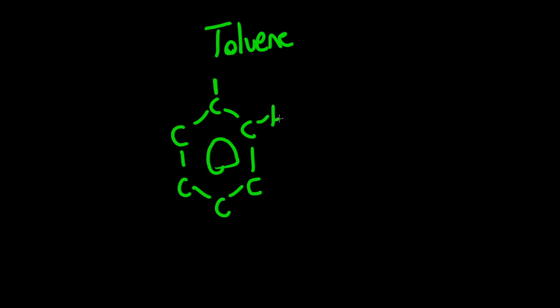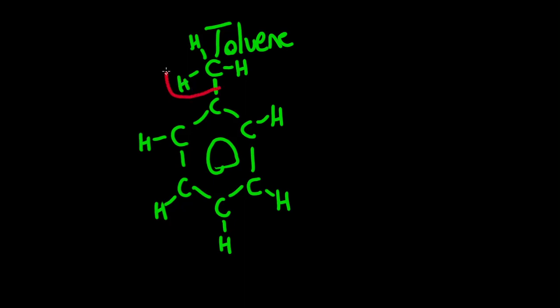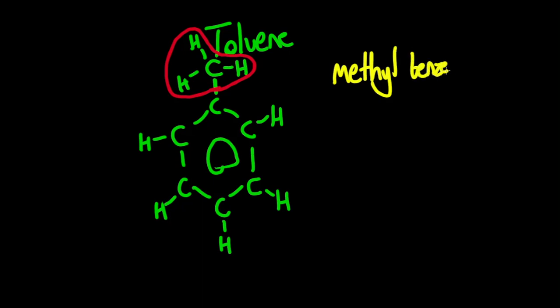So I'll draw my hydrogens. So this is going to be a methyl group right there. CH3, my methyl group. Okay, so I can also call this methyl benzene because I have that methyl attached to a benzene. Makes sense.